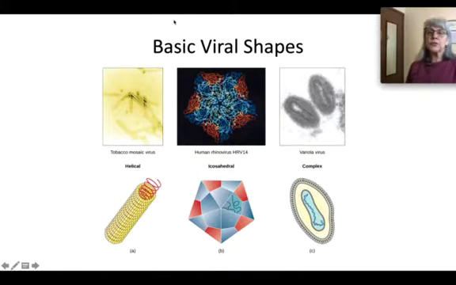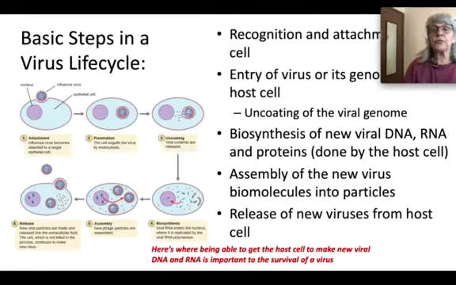In this last one, the variola virus, it seems to be lacking either the icosahedral or the helical capsid. It is enveloped though. It does have the membrane, the envelope, surrounding it. So those are your 3 basic types of viral shapes.